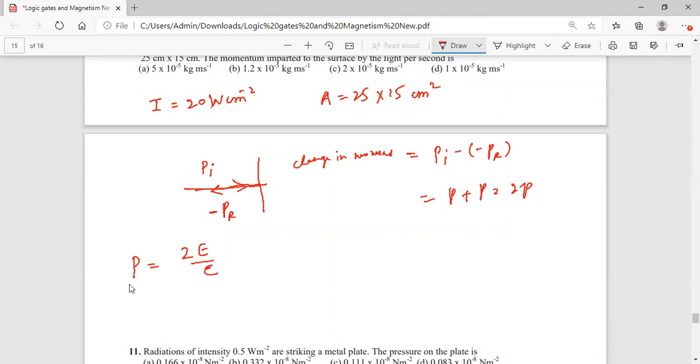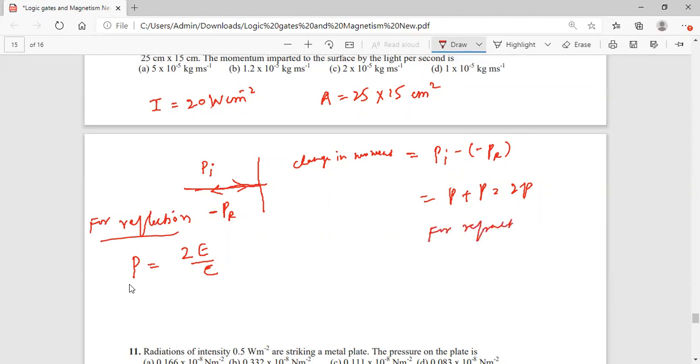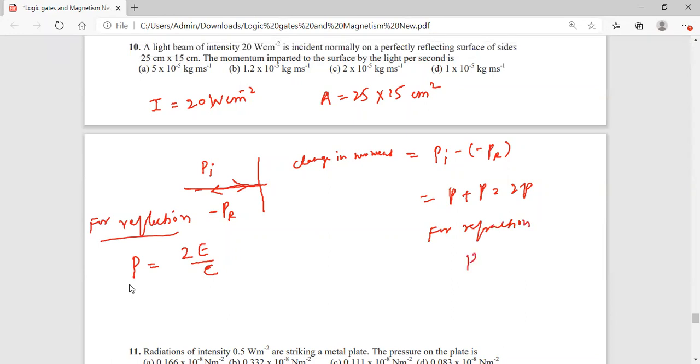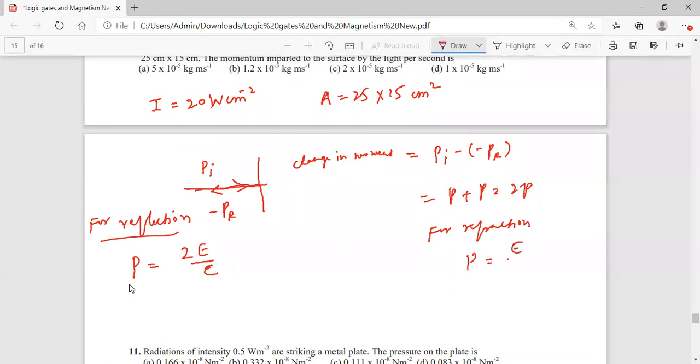This is for reflection. For reflection, the momentum imparted is P is equal to 2E by C. Again, for absorption, the momentum imparted is only E by C. Here it is a reflected wave, therefore P is equal to 2E by C.